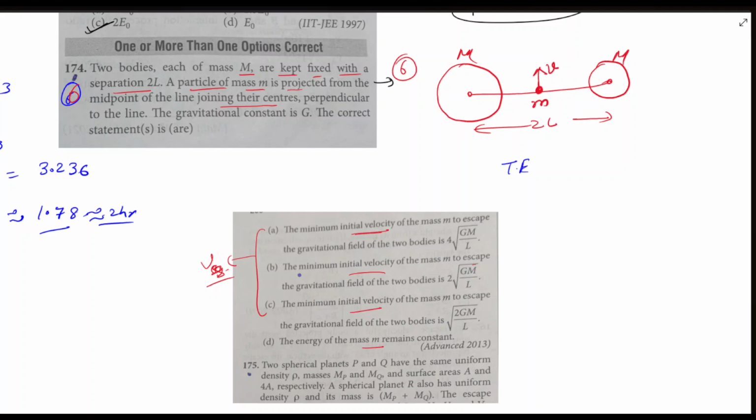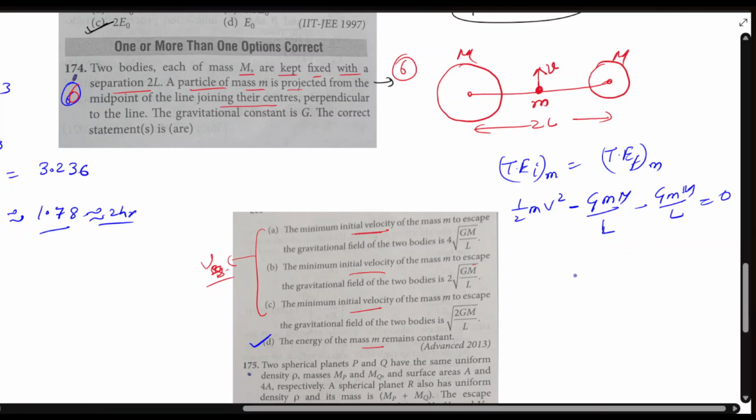So this option is correct. Total initial energy of mass small m will be equal to total final energy of mass small m. So the initial energy is half mv square, and the gravitational potential due to this and this on this, so we'll have minus G m capital M divided by L, right? And due to this, the gravitational potential will be the same again. And finally it will have zero energy.